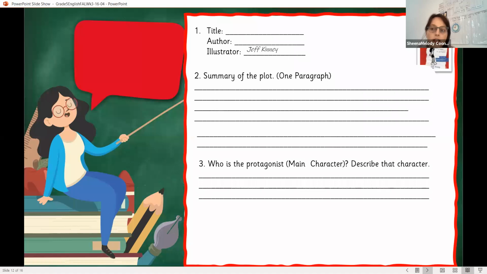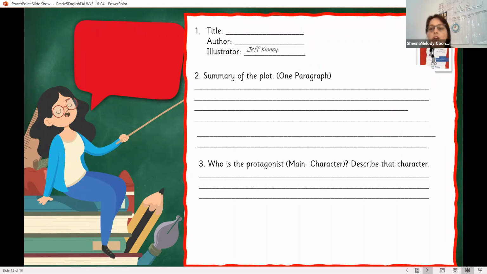Then you have your summary of the plot, which is only one paragraph. Remember, this is generally found at the back of a book. When you're reading the back of a book, you don't want it to give everything away. So it's only going to be one paragraph, and it's only going to have the main important things in it.